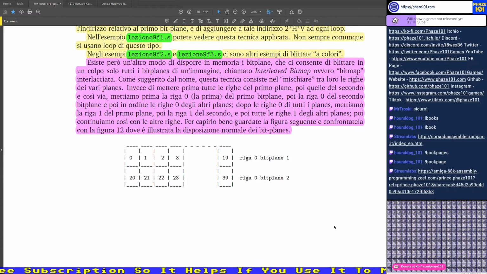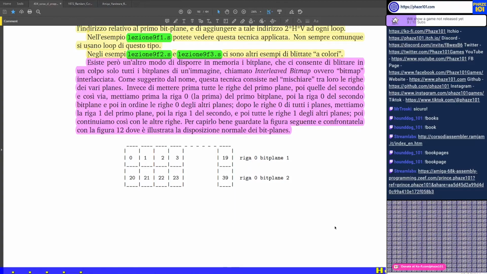So the image is stored, instead of by bit planes, grouped by lines. So if we have 3 bit planes, there will be line 0 for bit plane 1, line 0 for bit plane 2, line 0 for bit plane 3, then line 1 for bit plane 1, then line 1 for bit plane 2, and line 1 from bit plane 3. I'm even repeating it, I'm getting lost.